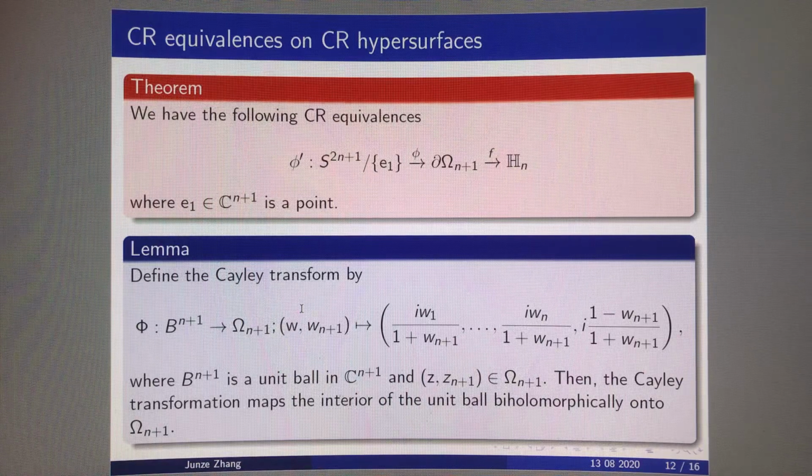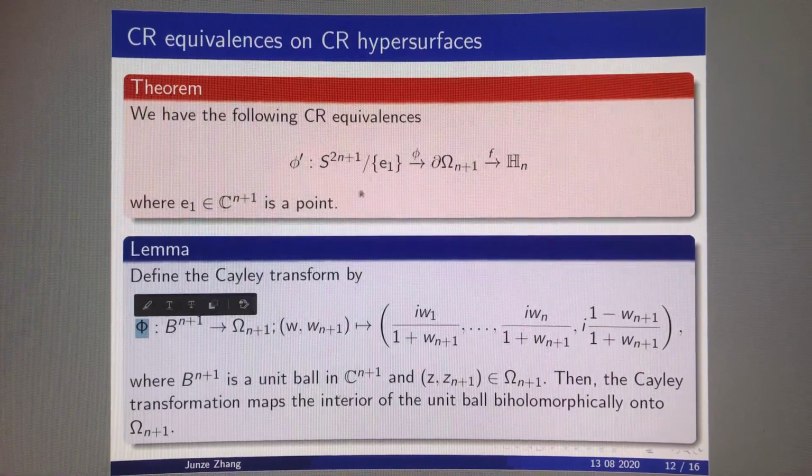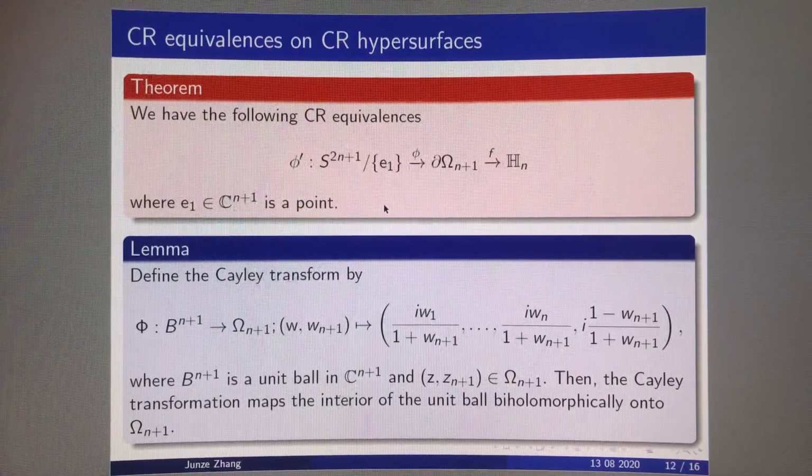Then by restricting to the boundary of the unit ball minus a point, we get a boundary map of this capital Phi, which is exactly this little phi here, from the odd-dimensional sphere S^(2n+1) minus a point to the boundary of the Siegel domain.